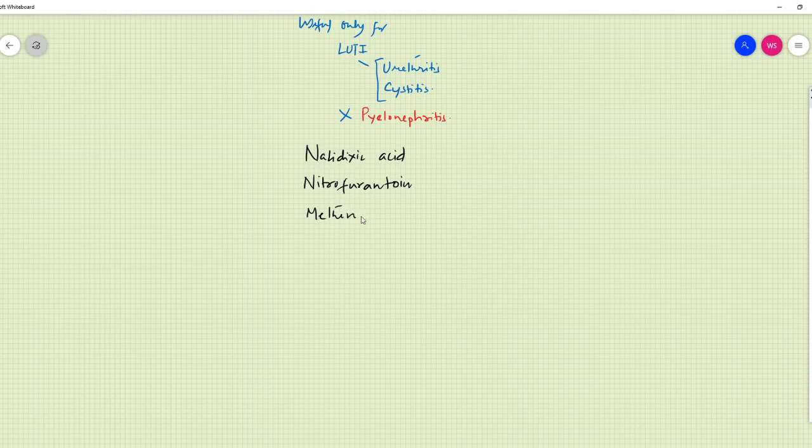Yes, methenamine. Then there is fosfomycin. This is an F here. Fosfomycin. And there is another one called mandelic acid. So we have got five urinary antiseptics.